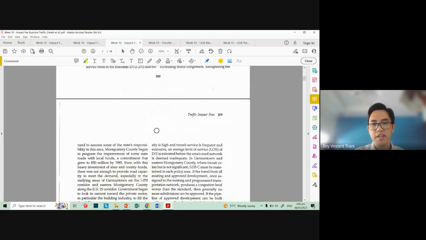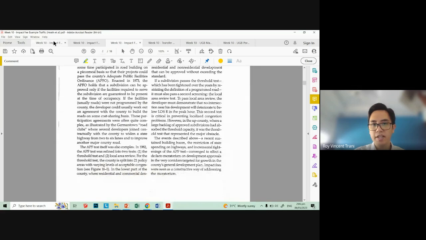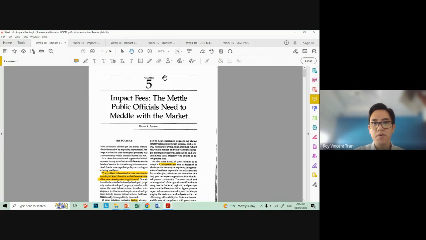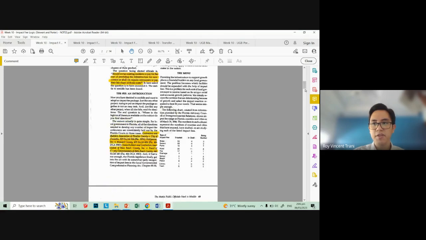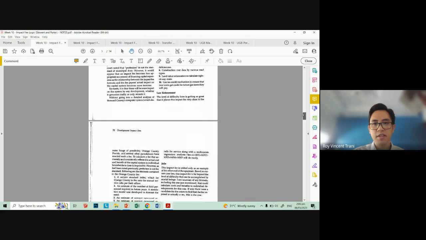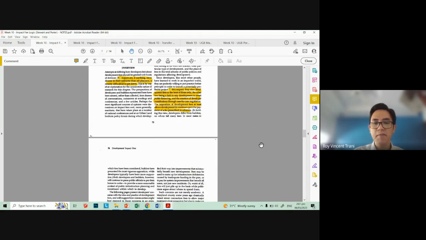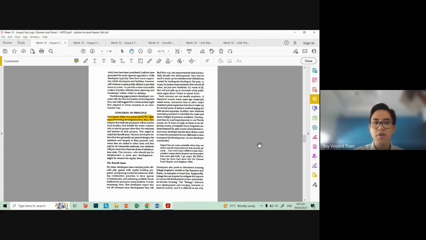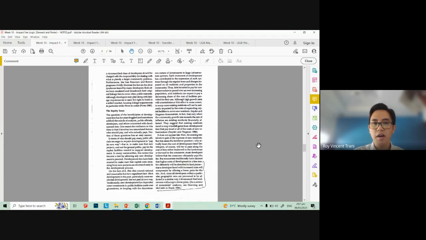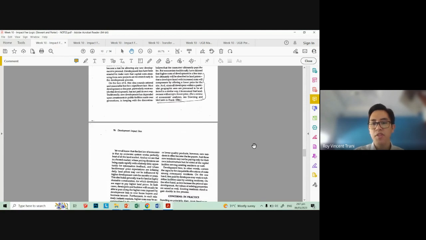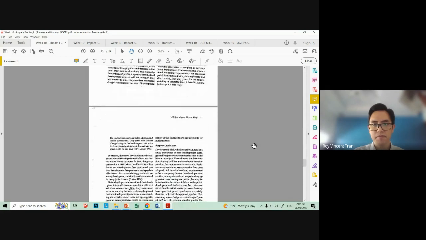But for us, the quiz next week will mostly focus on impact fees, chapter 5 and chapter 6. Basically, how to implement impact fees, and how to convince developers to comply with those proposed impact fees.